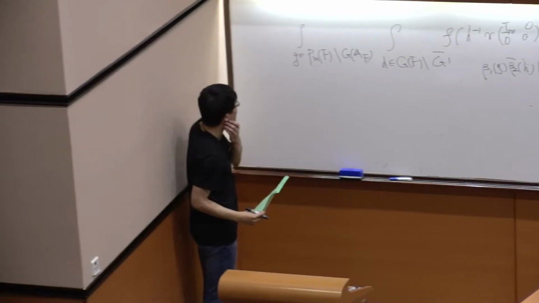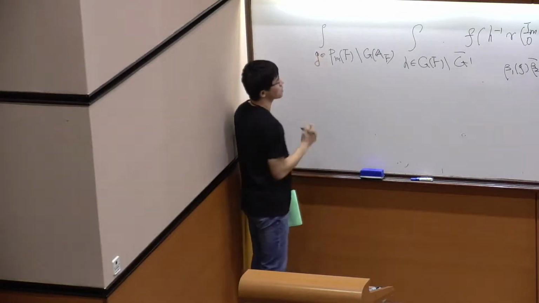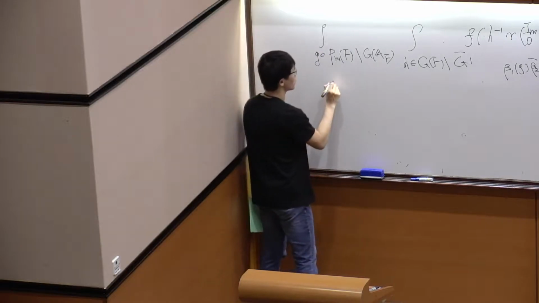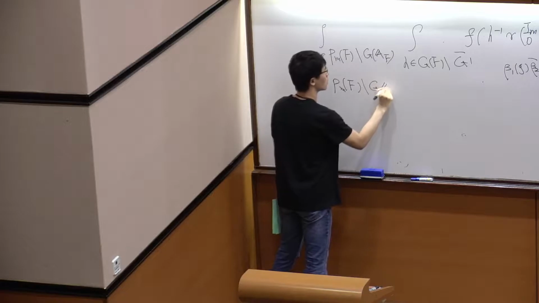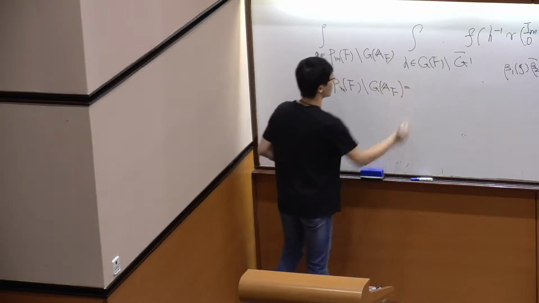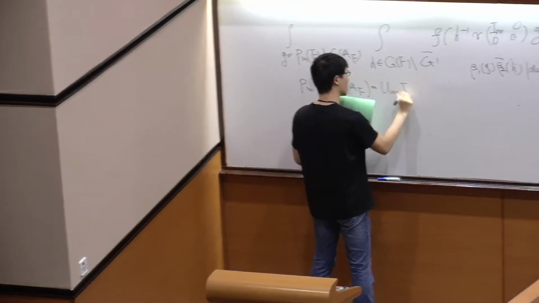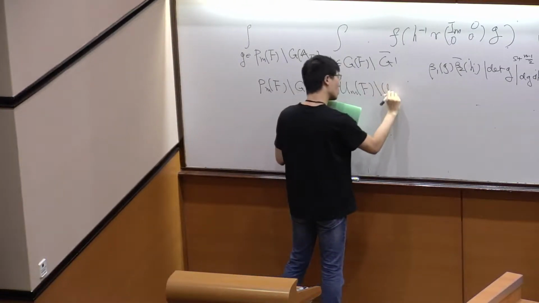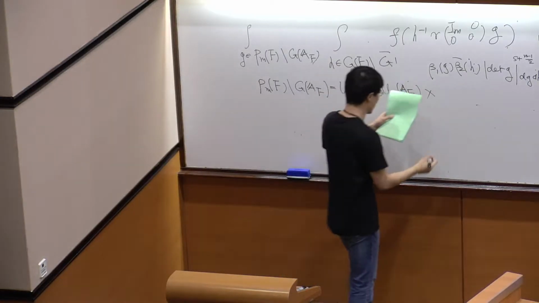In particular, we find that when we are doing the integration for the variable g, we can decompose it into two parts. So we write the following quotient to be the product of these two parts. So first part is the unipotent radical part. And the second part is just the other part.